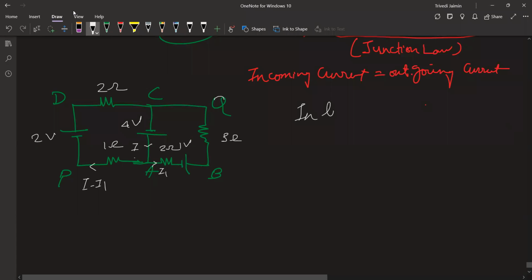So in loop A, C, D, P, A, correct. Okay, so summation of all voltage equals 0.